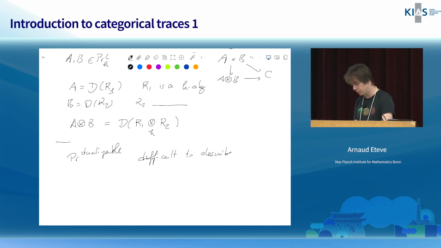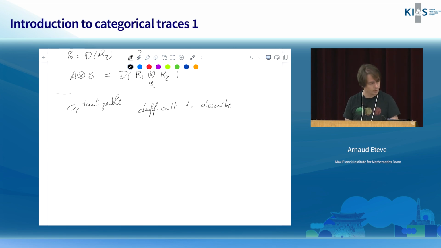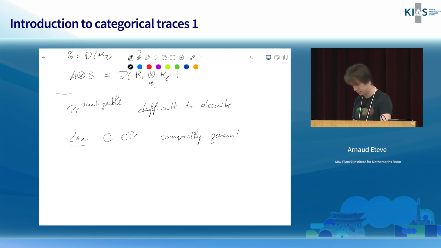So I will rather give you a large collection of categories which are dualizable. So here's a lemma: if you take C in Pr1 which is compactly generated, then C is dualizable.